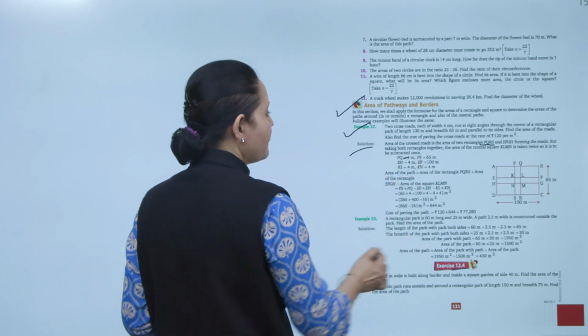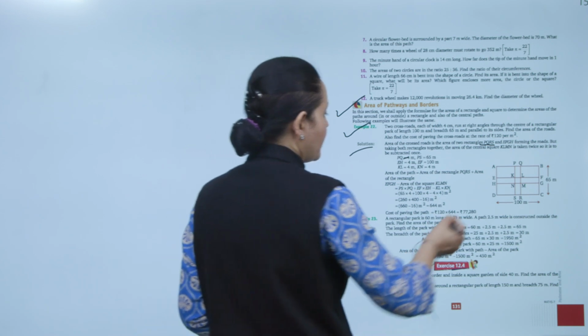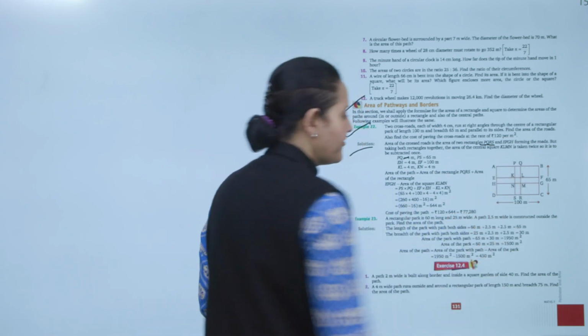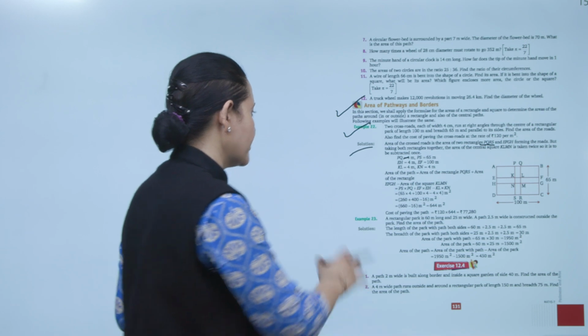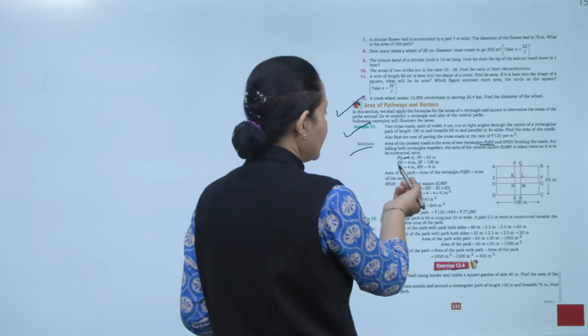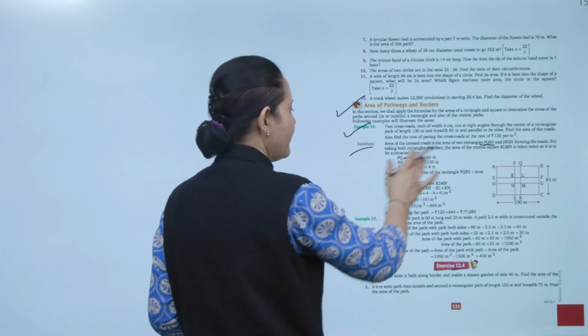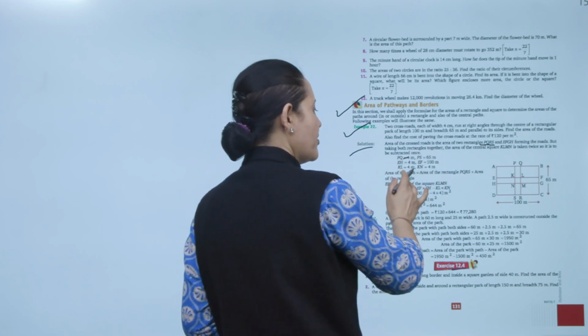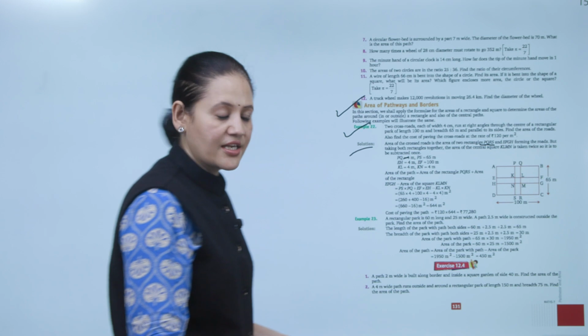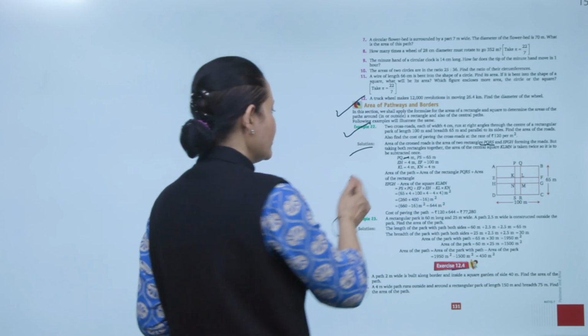PS 65 meter. PS that is 65. ठीक है, that is the breadth. Now EH that is given 4 meter and EF 100 meter. KL 4 meter and KN 4 meter. Clear? First we will find the area of path.